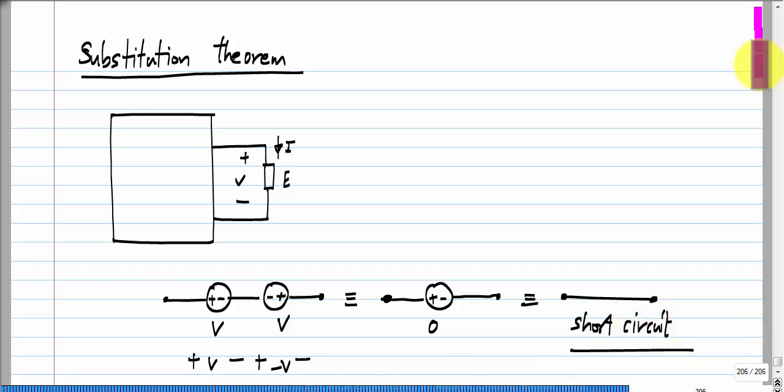I can place this more fancy short circuit in any wire I choose to in the circuit without altering it, because I have not really changed anything at all. It is only that instead of thinking of it as a wire or a short circuit, I am thinking of it as a series combination of two voltages of equal and opposite values.